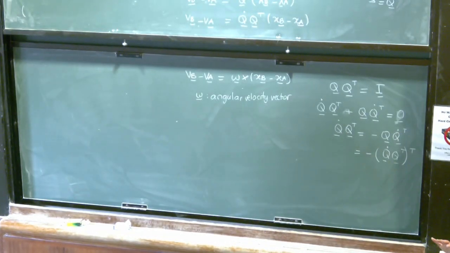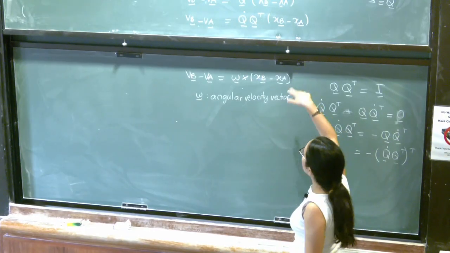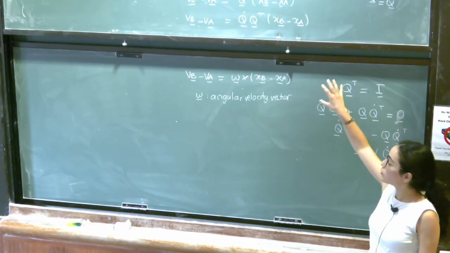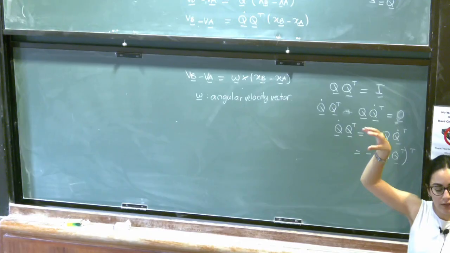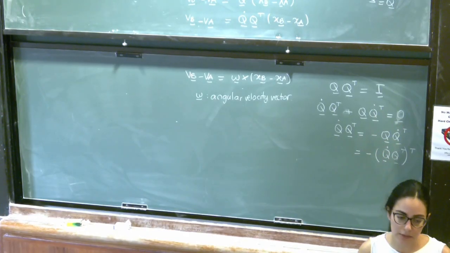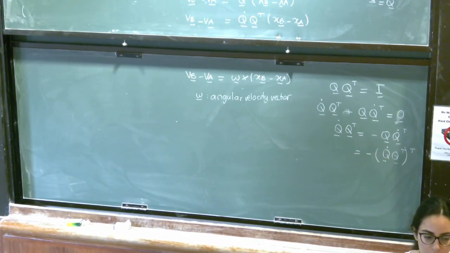Okay? So the angular velocity vector is such that these two expressions are the same. Multiplication by Q dot Q transpose is the same as crossing omega cross any vector. The angular velocity is a property of the rigid body.